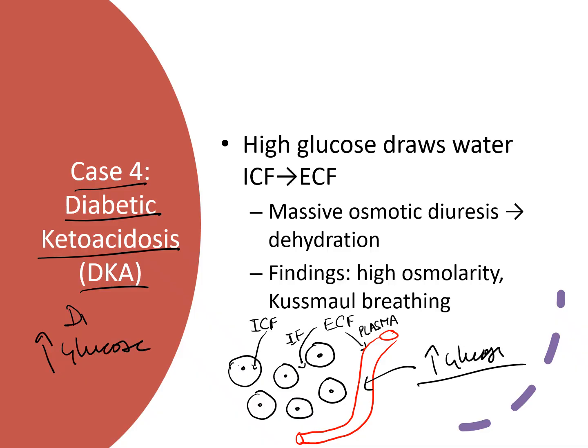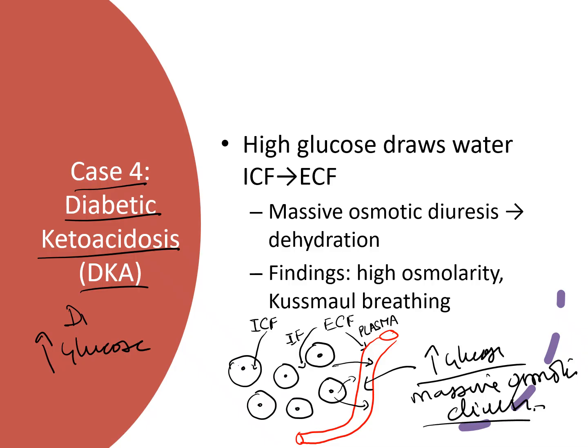We know for a fact that water will move from low solute to high solute concentration. So the glucose is high in the capillaries or in the blood. So water will move from interstitium towards the plasma and from intracellular to extracellular fluid, and that will result in massive osmotic diuresis.